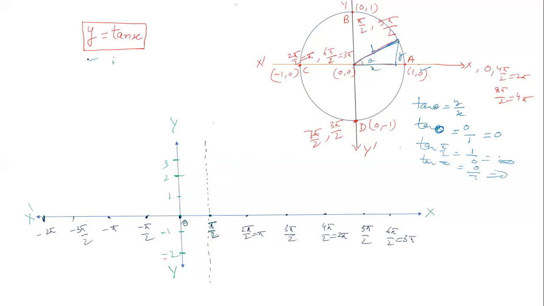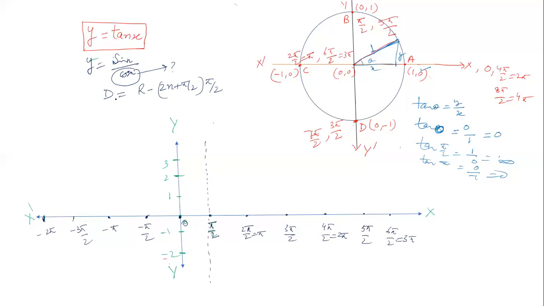Because if we have y equals sin x upon cos x, and we want to check at what point it is not defined, to find the domain, the denominator should not be 0. We first check at what point the denominator is 0, that is cos x is 0. We can see cos x is 0 when x is an odd multiple of pi by 2. So its domain would be all real numbers except odd multiples of pi by 2.